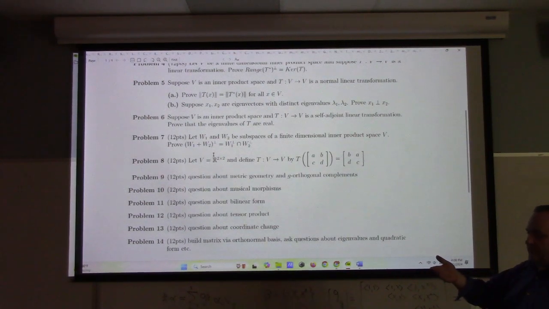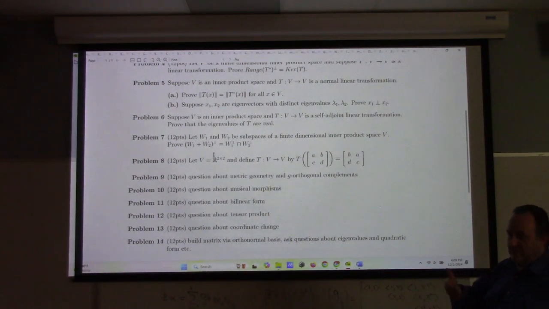So there's that. So then the other thing you need to prove, of course, is that W plus W perp is the whole vector space. How do you know that's the case? Well, remember we have a theorem that says that the dimension of W1 plus W2 is the dimension of W1 plus the dimension of W2 minus the dimension of the intersection, right?